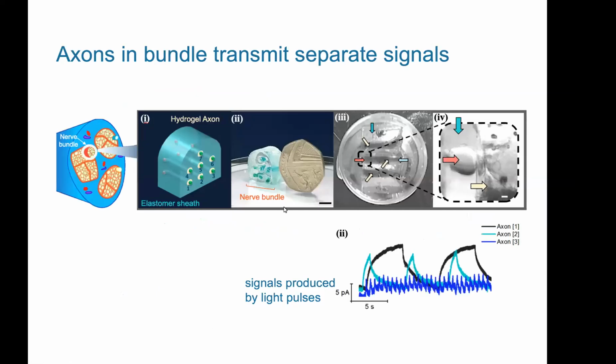But another interesting thing you can do is pack several of them into an elastomeric nerve, and that allows you, if you can address each one with a different LED, to send different signals through the same pathway. And here in the bottom right, you can see 3 different types of pulses being transmitted simultaneously through the same artificial nerve.